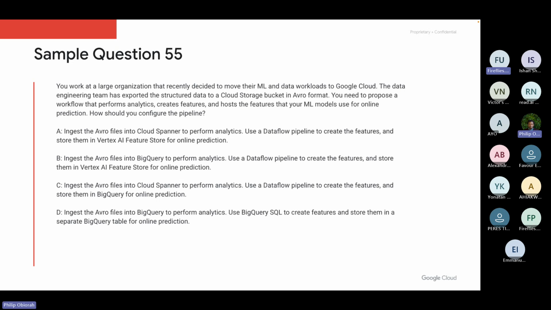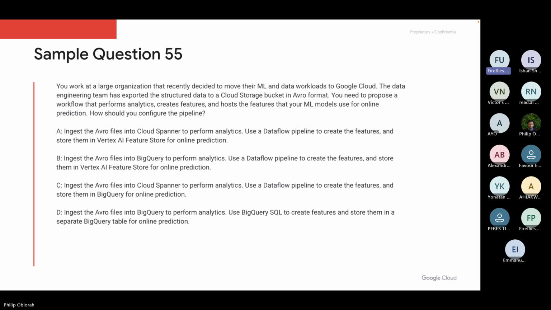All right. So which will be your decision? Someone says D. D is what?